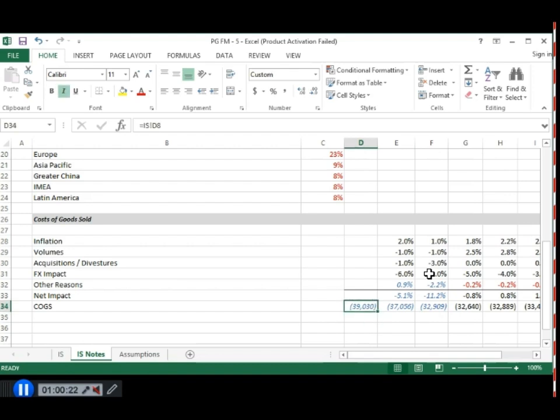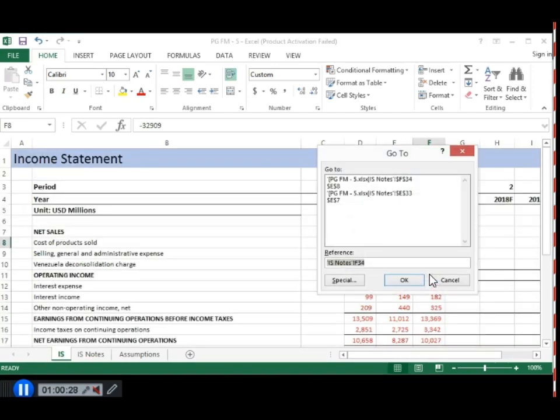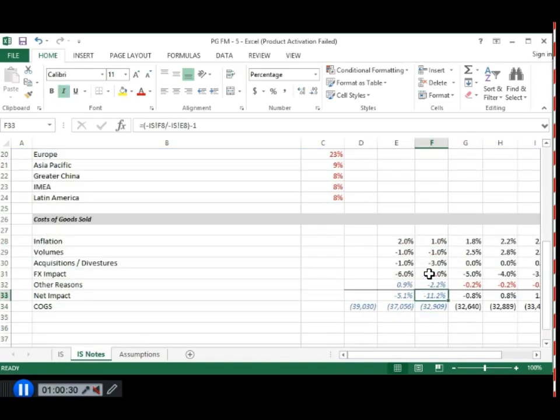So if you look into it, I have pulled in cost of goods sold here. It is just coming in from the net sales column. Then net impact. Net impact is simply this year's COGS divided by previous year's COGS minus 1.